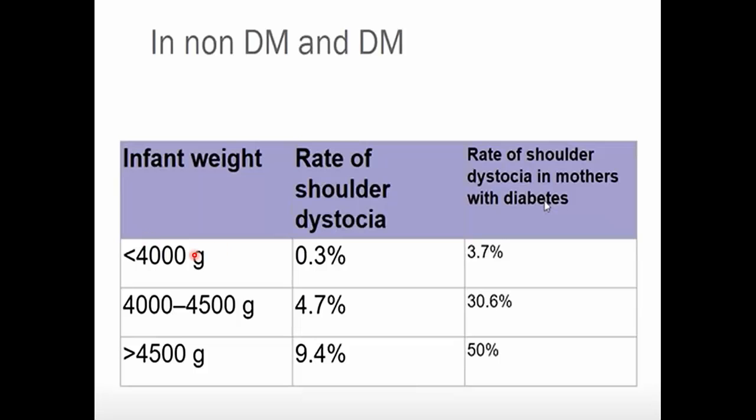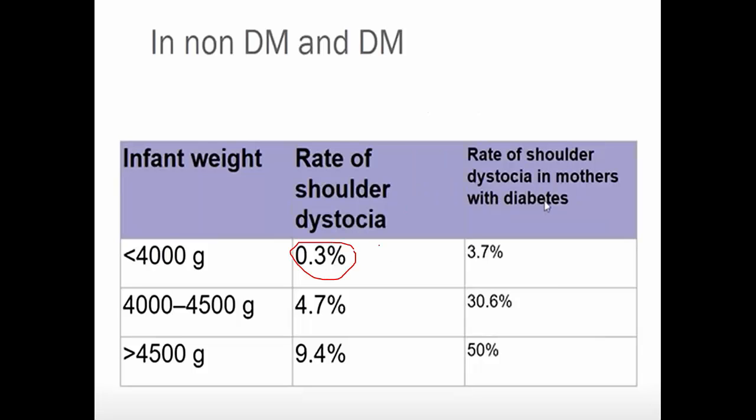According to the weight of the infant, if less than 4 kilograms, the rate of shoulder dystocia in non-diabetic mothers is only about 0.3%.